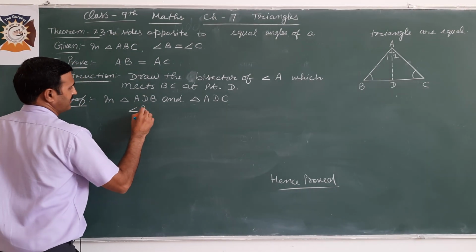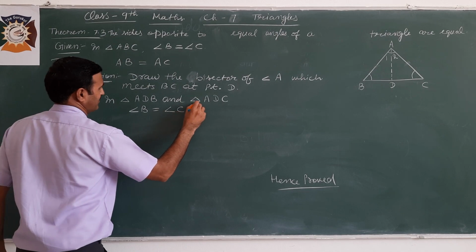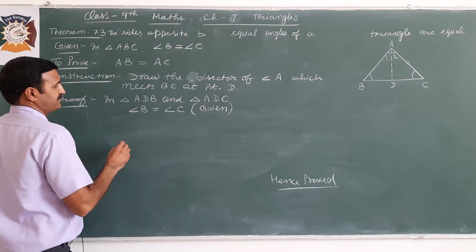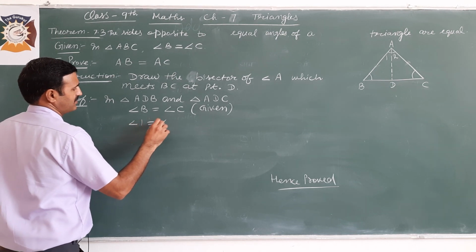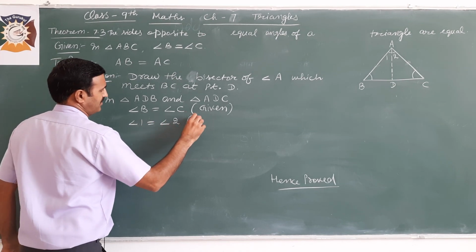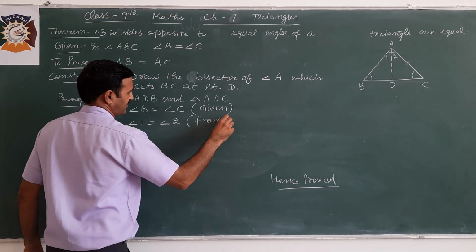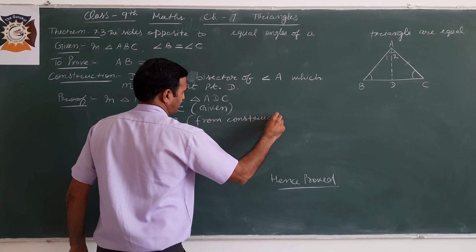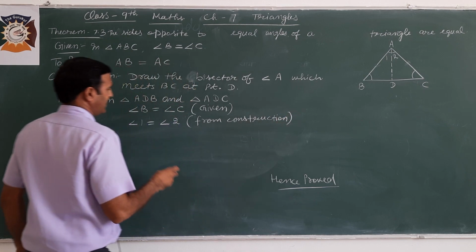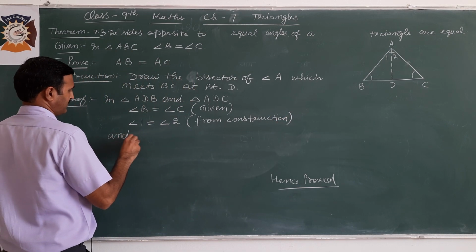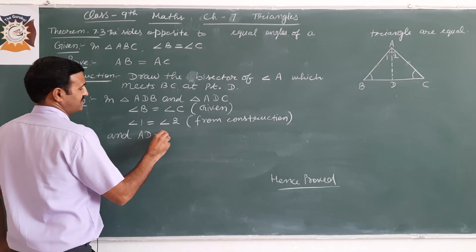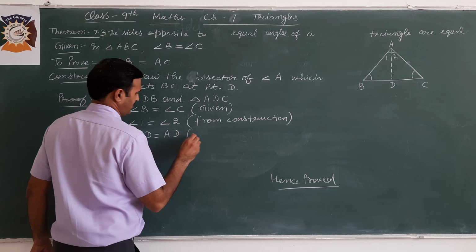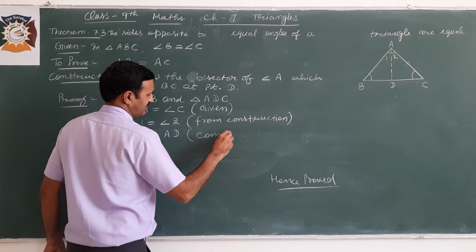Angle B is equal to angle C, it's given. Angle 1 is equal to angle 2. This is from construction. And third one, AD is equal to AD. This is common in both the triangles.